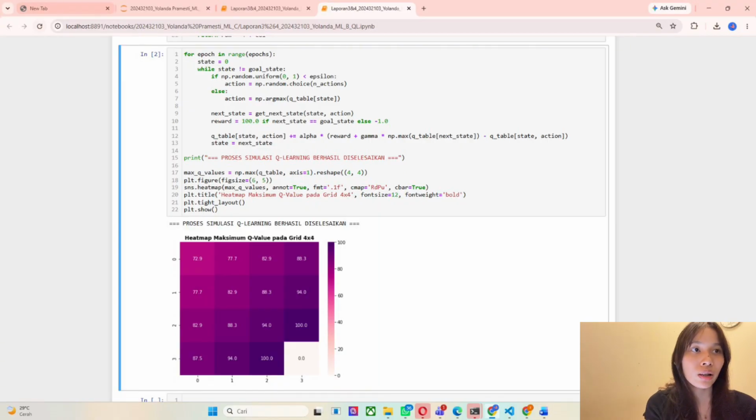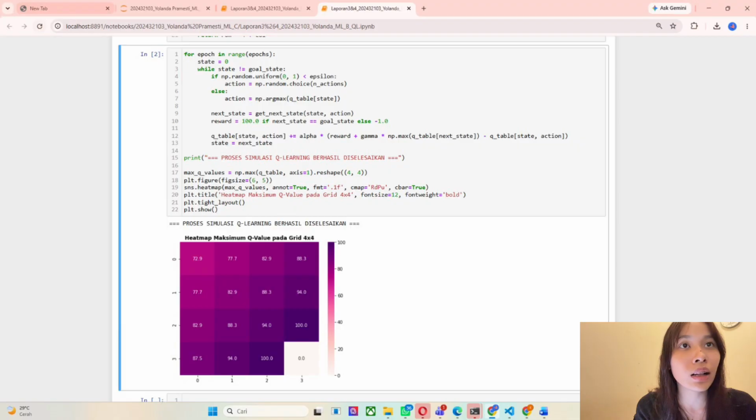The exploration probability epsilon is set to 0.2, and the total training time is scheduled for 1000 epochs. I initialize the Q_table using np.zeros, creating a blank matrix of 16 by 4. This represents a tabula rasa condition, meaning the agent starts with zero knowledge about the grid environment.